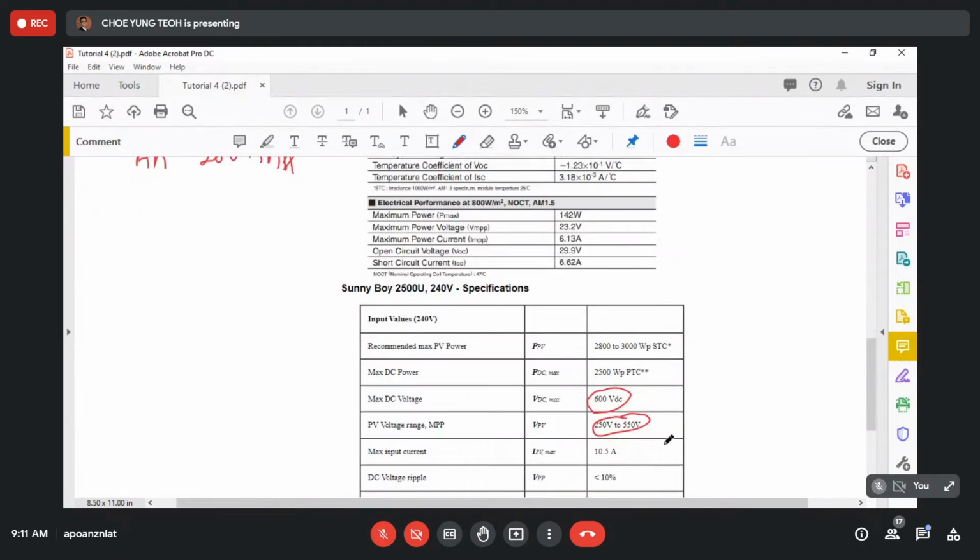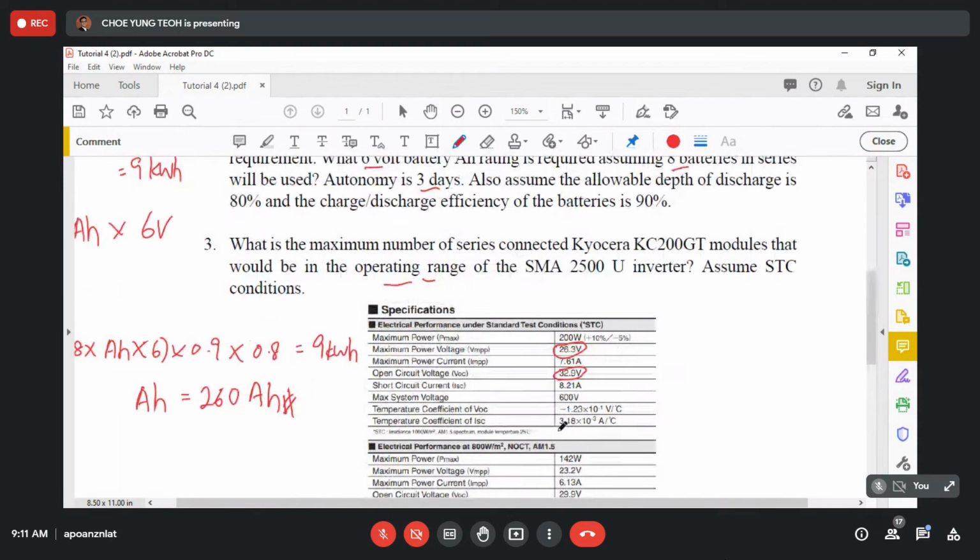Maybe we can continue using this. We assume that the operating range is from 250 to 550. Of course, 600 is still safe to use, but that is where we have a lower efficiency. So we can target 250 to 550. So the maximum voltage for this inverter is 550 volt. Okay, and how about this?